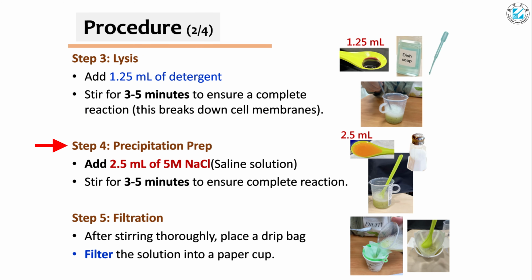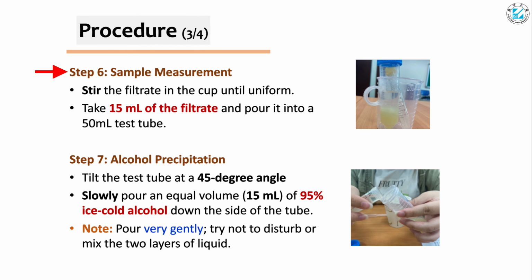To stir, to mix. And move to step 5, filtration. After stirring thoroughly, place a drip bag and filter the solution into a paper cup. Procedure. Step 6, sample measurement.